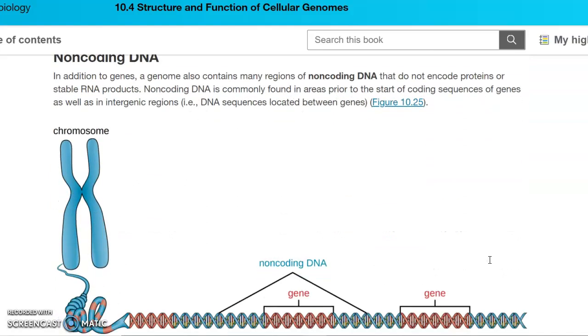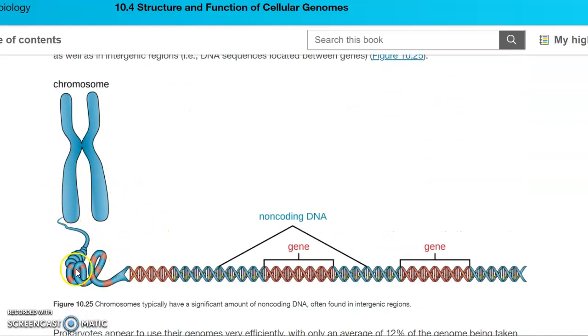And in addition to our genes, so here's our chromosome. If we unwind that and look at our genes, we're going to have areas in between the genes that are called non-coding DNA. This used to be referred to as junk DNA.